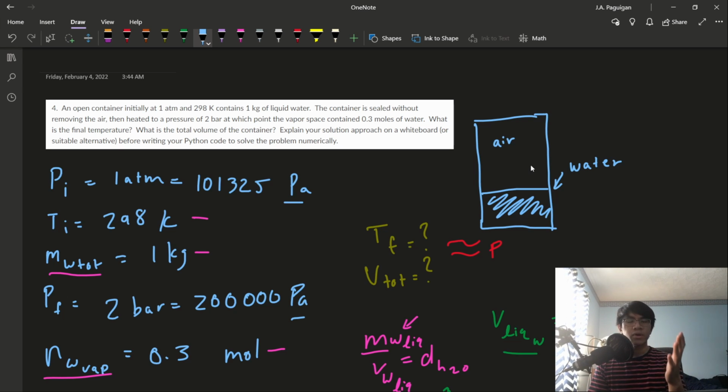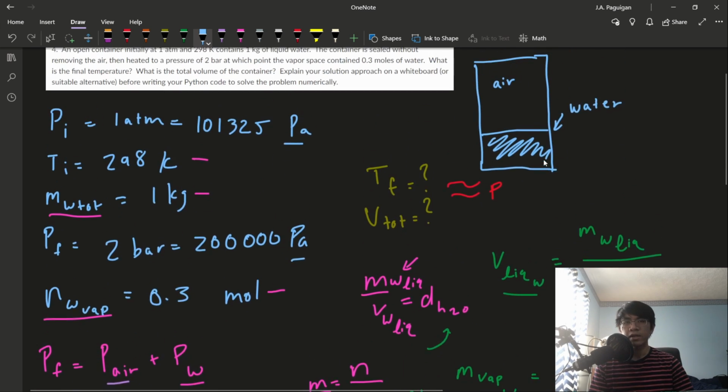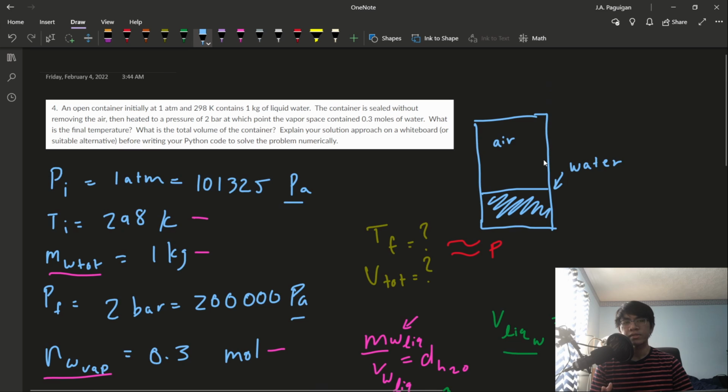Like the water, it doesn't change since it is a closed system. Water and air do not leave the system, so we assume, actually more of we kind of know, that the amount of air that was there at the beginning is the same as the amount of air that was there at the end. But you can't exactly say that with water.